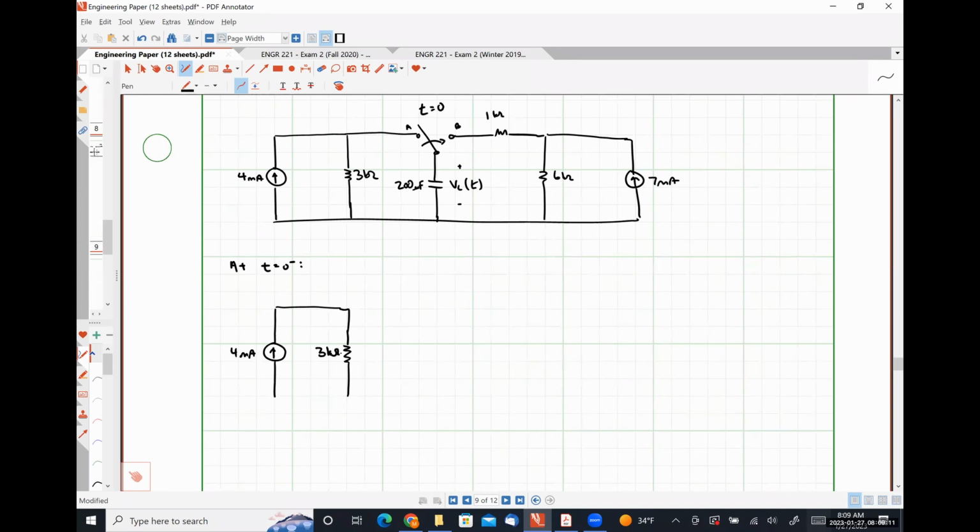Here's our 3 kilo ohm resistor. Since t equal to 0 minus always represents a DC steady state condition, our capacitor looks like an open circuit.